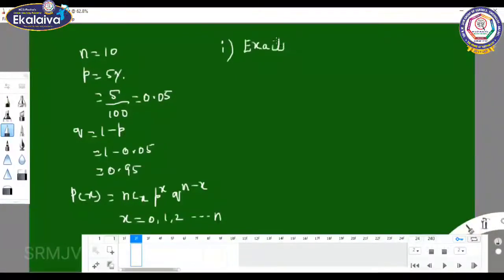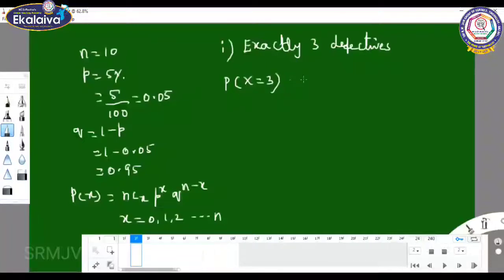Exactly 3 defectives. What is the meaning of exactly 3 defectives? You can take the x value equal to 3, that is P of x equal to 3.